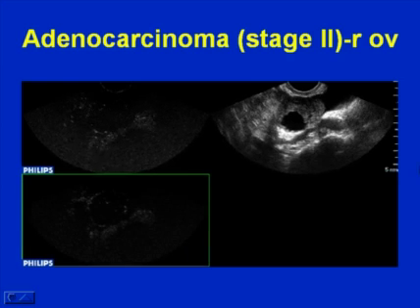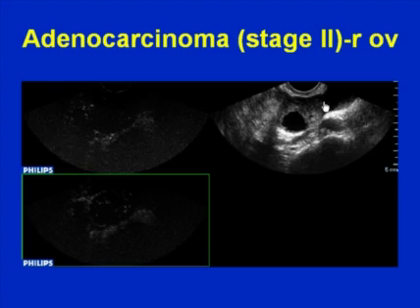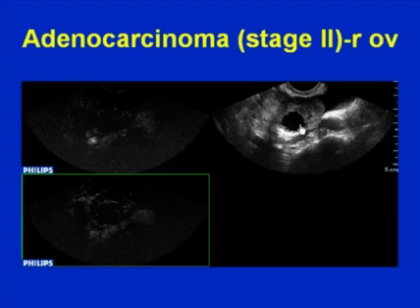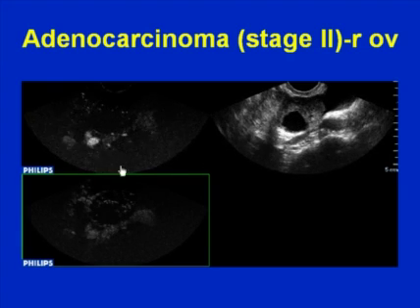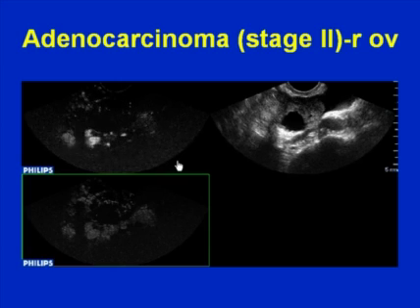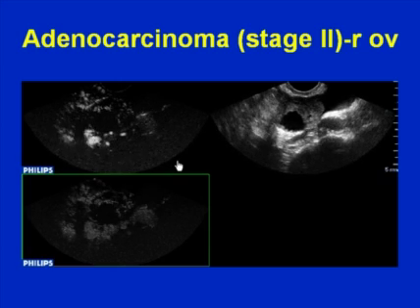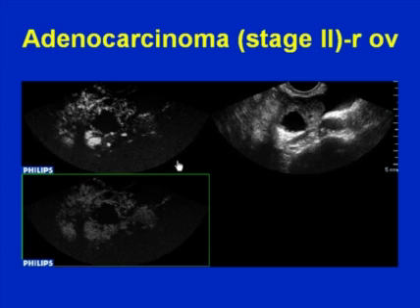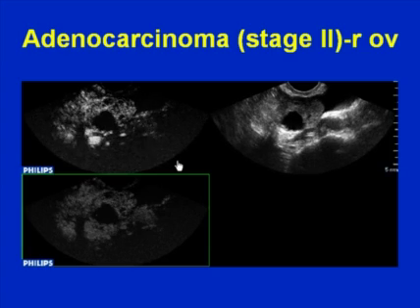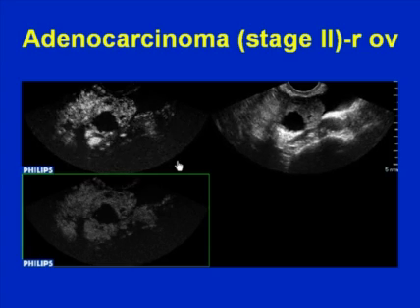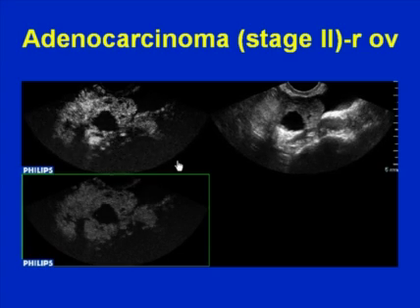Now contrast that to this lesion, about a 2 by 3 centimeter ovary with a 1 centimeter cystic area. Now watch in this cancer how the contrast comes in and is very intense over a long period of time.